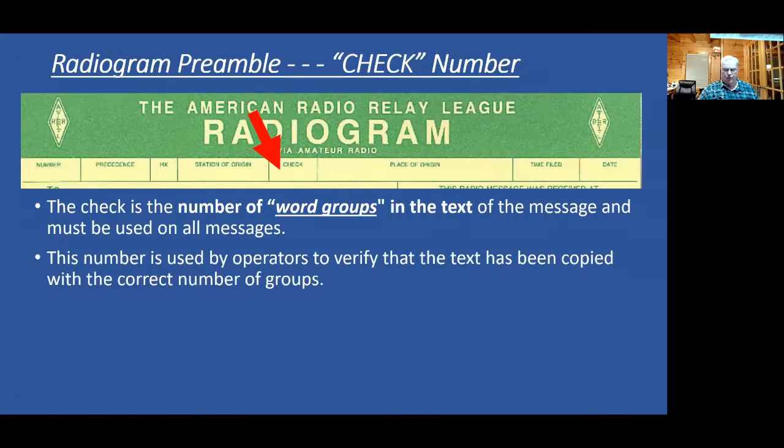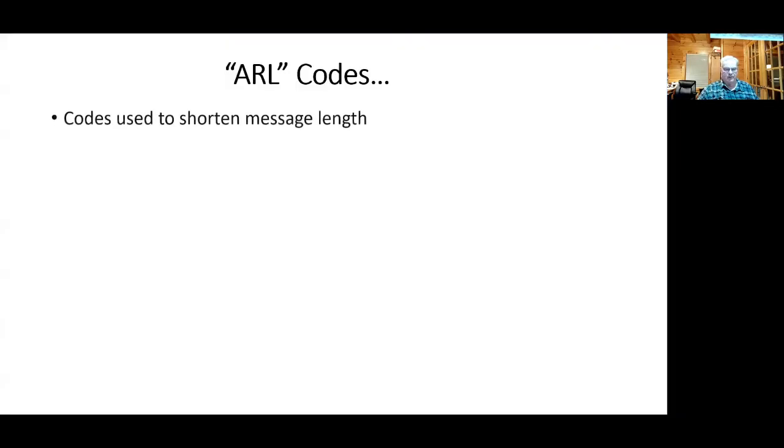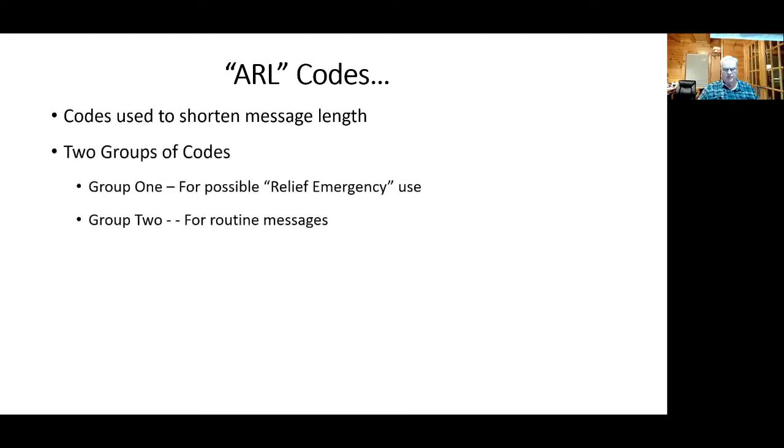That's the number of word groups in the message. And the only interesting thing about that is whenever you're using an ARL code, in which case the ARL initials would precede the number. Here's some example. I think the ARRL came up with the ARL codes to shorten message lengths.